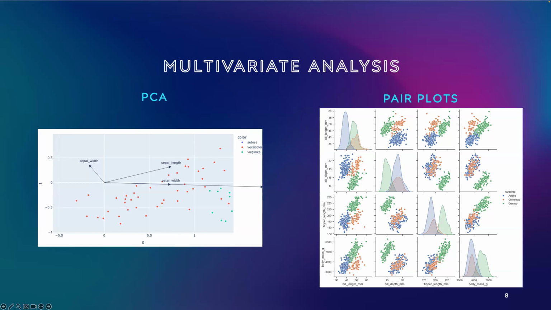Then another type of analysis, or more or less graphs, that we can employ are pair plots. And these display relationships among multiple variables at once, providing a thorough view of potential interactions. So you have all kinds of plots that you can employ in this kind of matrix format.